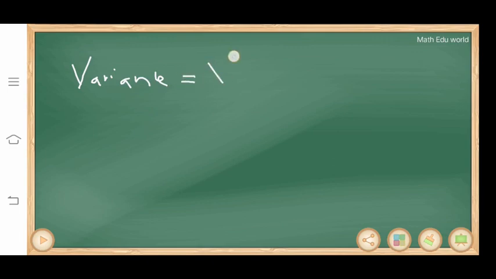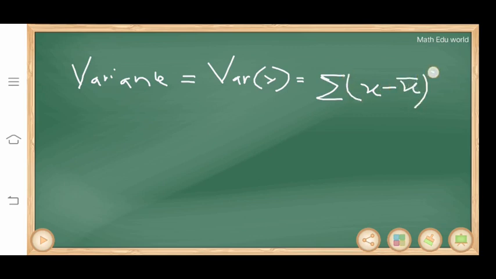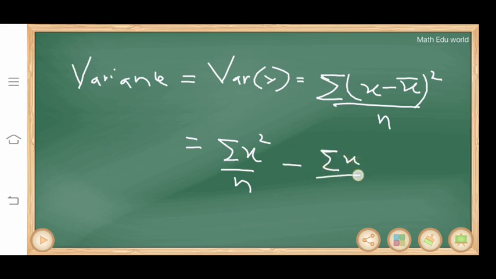Variance of a variable x can be calculated using the formula sigma x minus x bar the whole squared, divided by n, or in a simplified form as sigma x squared divided by n minus sigma x by n the whole squared.